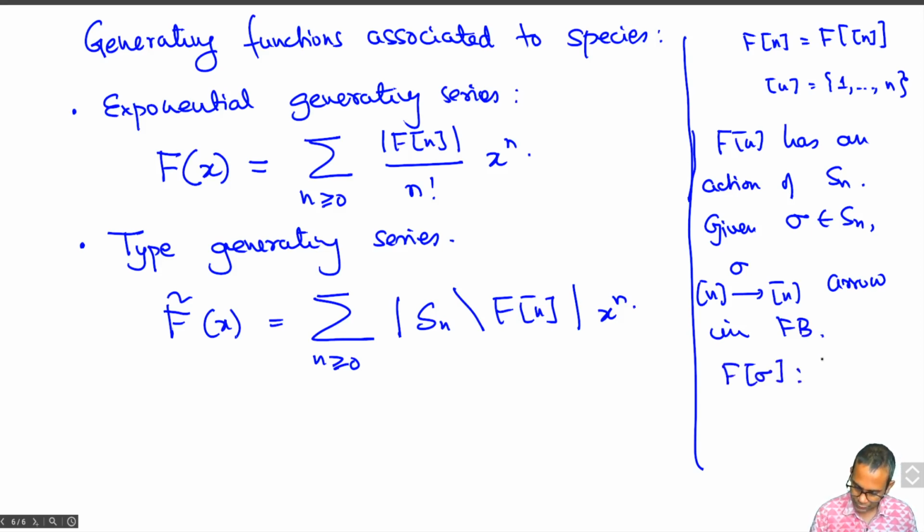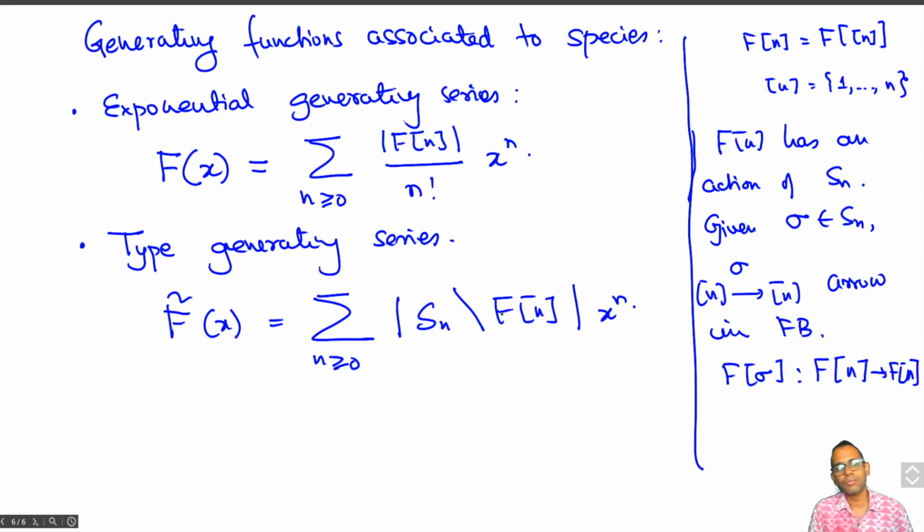So this is going to be a bijection from Fn to Fn. And this makes Fn, by functoriality, the fact that a functor must respect composition, implies that this is a group action. And so Fn is a set with an action of Sn, and what we are saying here is that we are counting the number of Sn orbits on Fn.